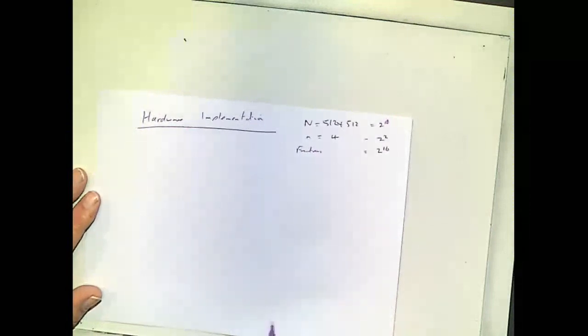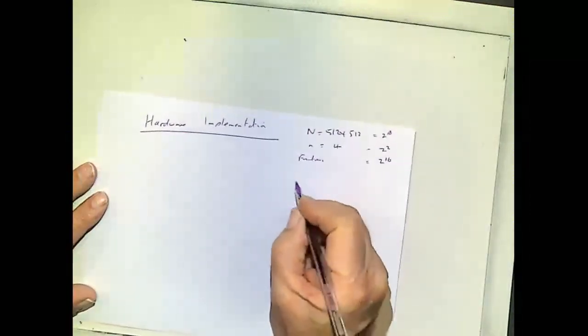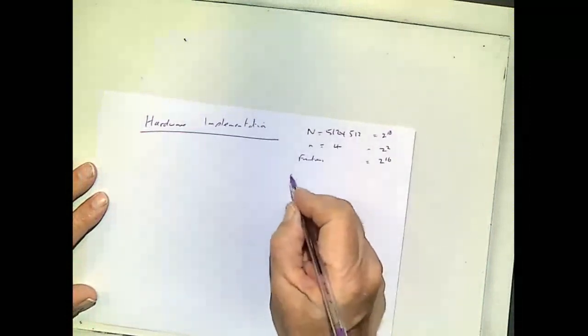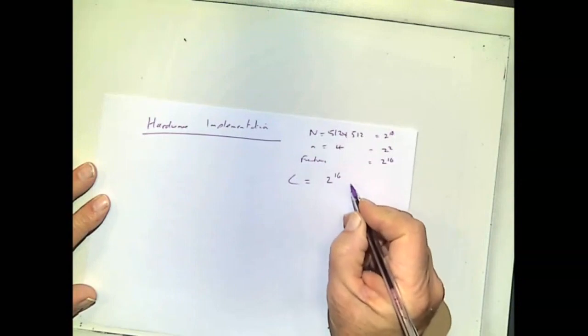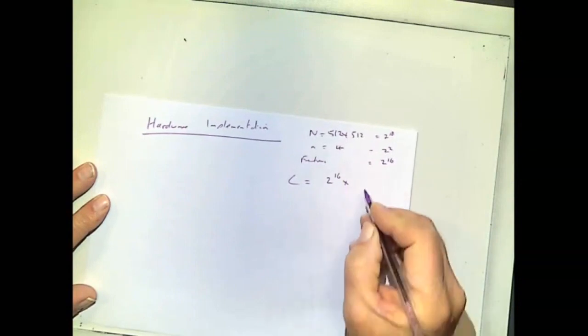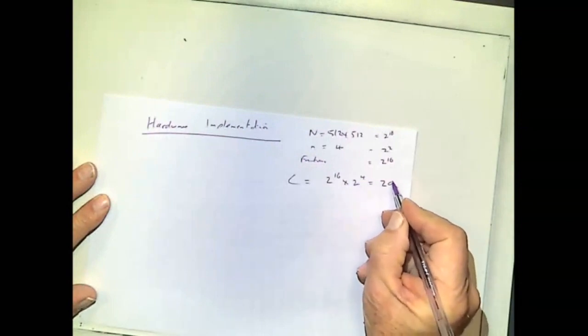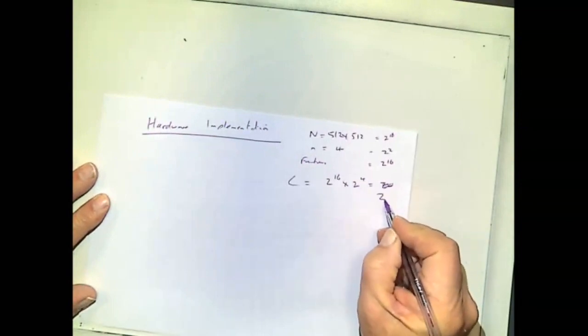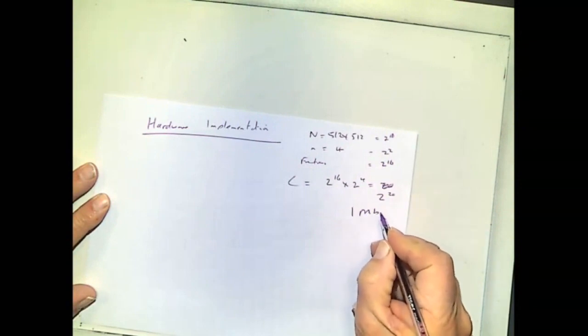The total amount of memory I need, which is the cost function, is going to be 2 to the 16 times 2 to the 4, which is 2 to the 20, which is 1 megabit. You can go and buy it for a few dollars.